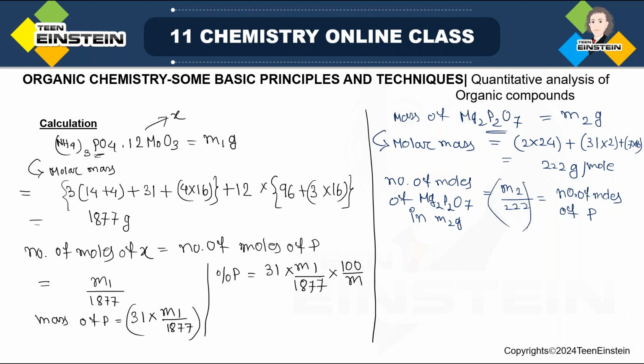So M2 divided by 222 is the number of moles of Mg2P2O7, and obviously the number of moles of P will be that multiplied by 2. I can also write it as Mg2P2O7 equivalent to 2P. So it is 1:2. That is the relationship.